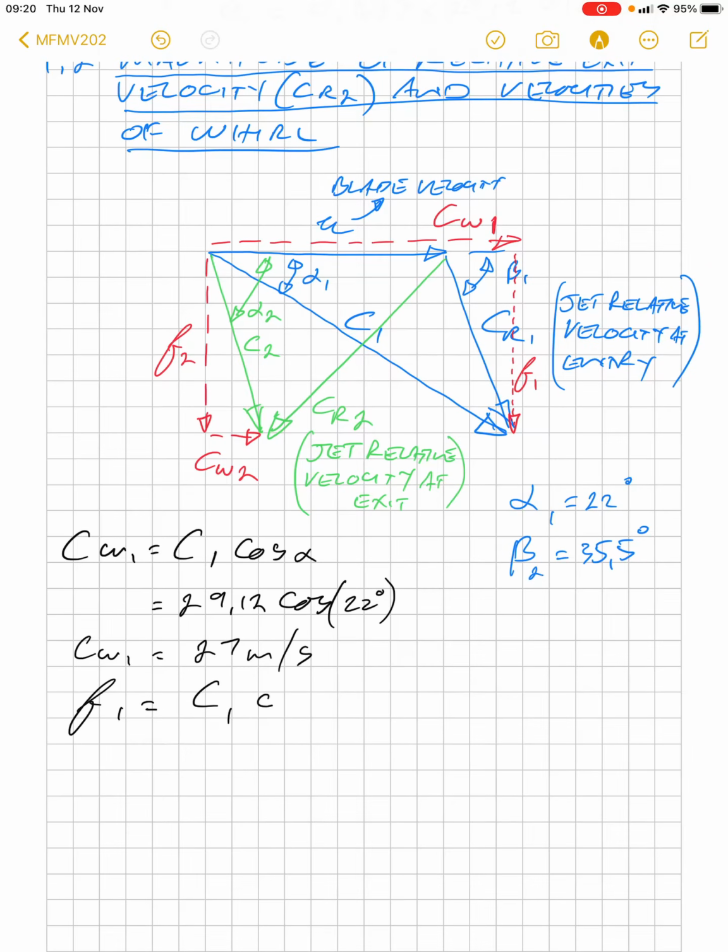F1 is C1 sine alpha, is 29,12 sine 22 degrees. That gives us F1 of 10,91 meters per second.